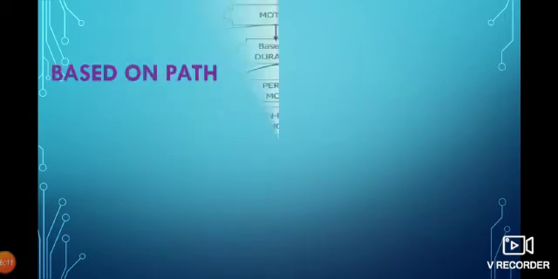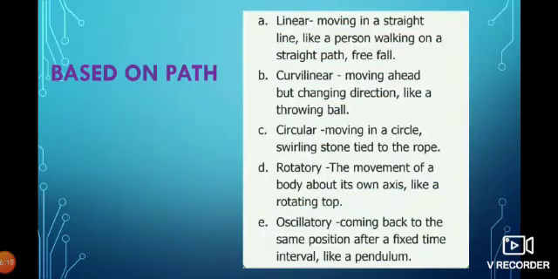First, we will discuss based on path. The motion is classified into 5 types: linear, curvilinear, circular, rotatory, and oscillatory. First one is linear motion.